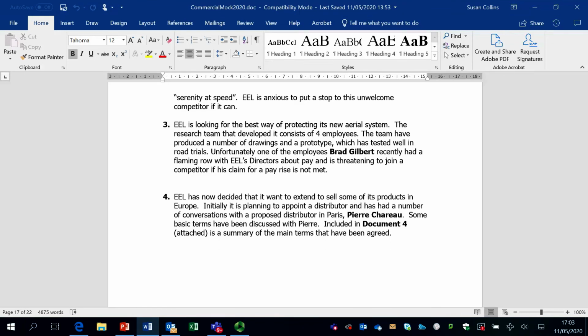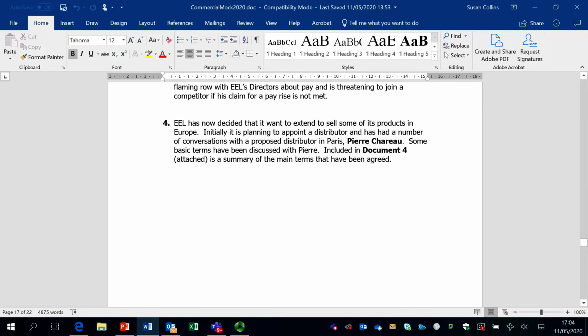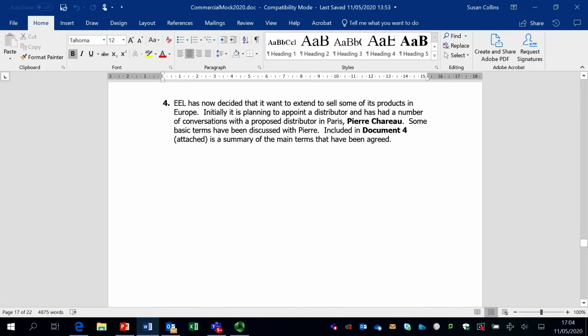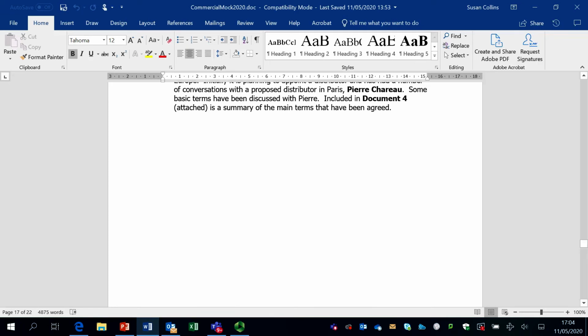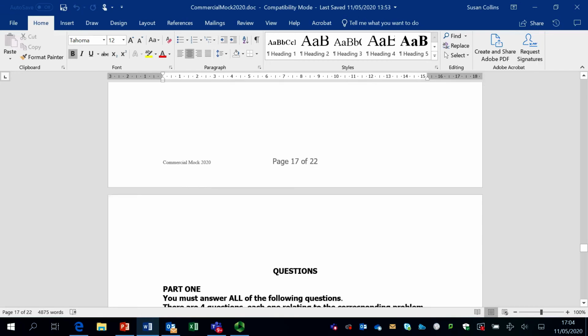And one of the employees is threatening to join a competitor. And then EEL has decided it wants to sell some of its products in Europe, and it is proposing to appoint a distributor in France, and you've got some proposed terms attached.